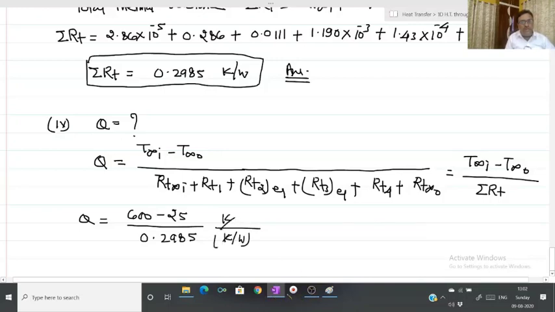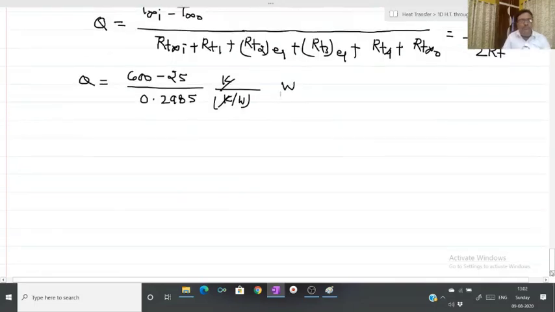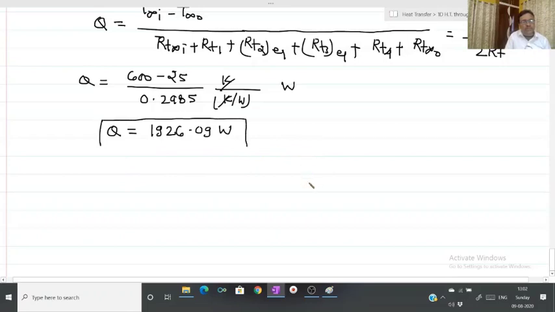So Kelvin will get cancelled. I will get the unit of Q as watt. So Q will come out 1926.09 watt. This will be the answer.